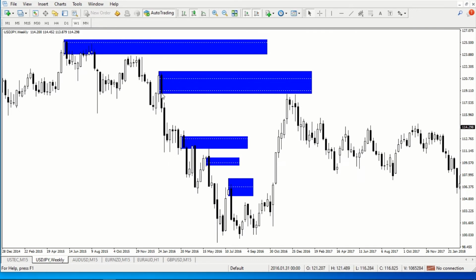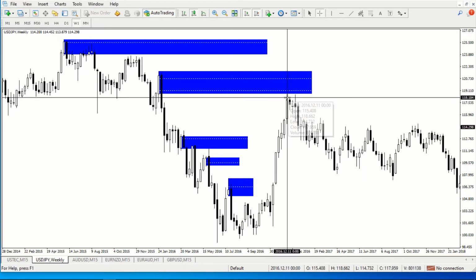As price got to the discounted level here, it made bullish rejection patterns, then went bullish with strong momentum, and then got rejected at the bearish order block level here, which was our level of rejection, then made another swing low.